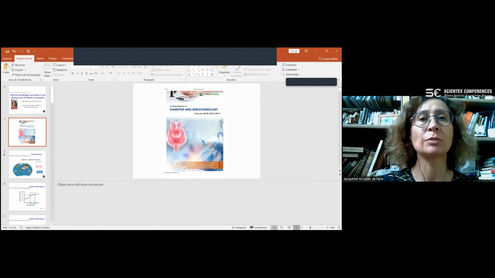Share is paused. Stop sharing. I don't know why I am not able to. I think in the bottom right side there is like a shared or full screen option.